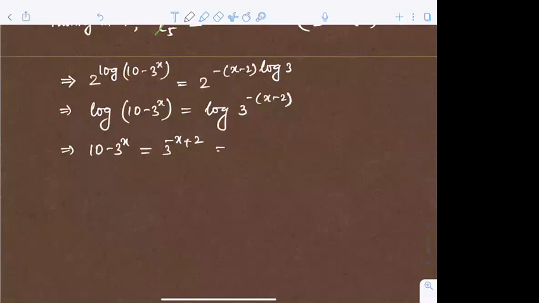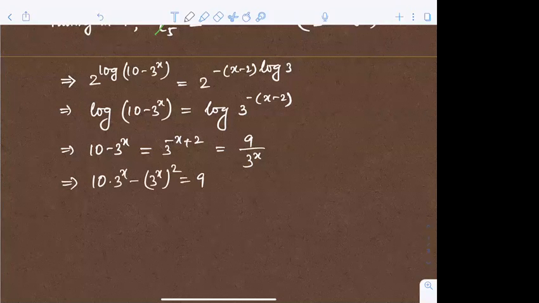that is nothing but 9 by 3 power x. So after cross multiplication, this will give 10 into 3 power x minus 3 power x whole square equal to 9, which gives us 3 power x whole square minus 10 into 3 power x plus 9 equal to 0.